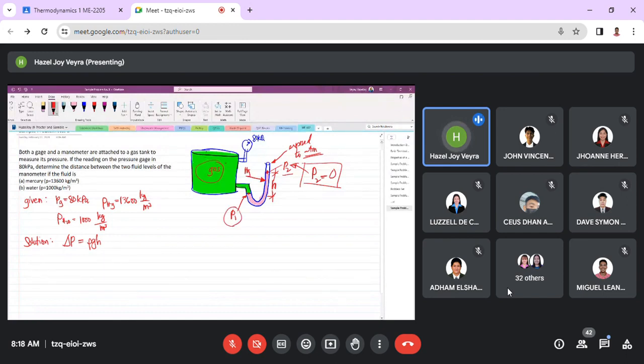It is assumed that the rho GH or pressure difference in a storage or in a column or in a manometer containing a gas is negligible. So if your reading here is 80 kilopascal, kahit na meron kang elevation dito, your rho GH here is negligible. So your P1 is equal to, what's the equivalent of your pressure 1?